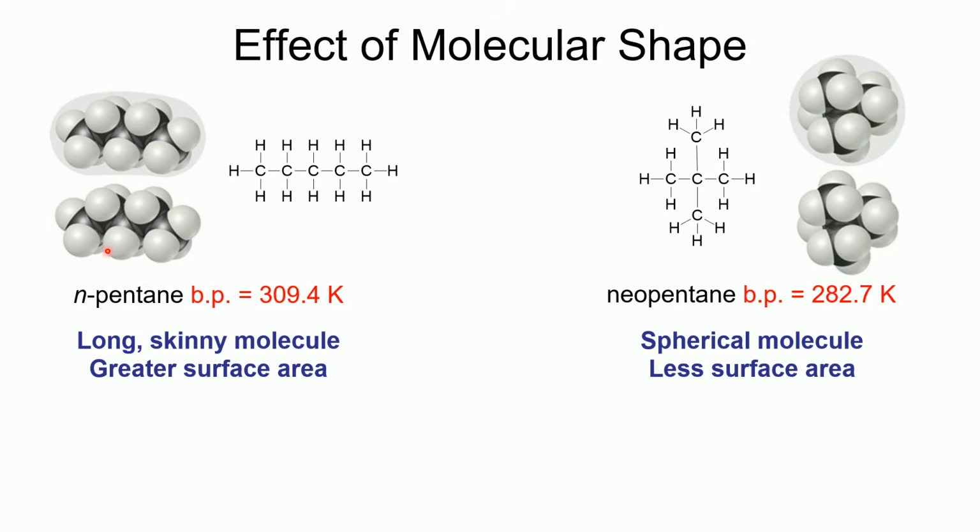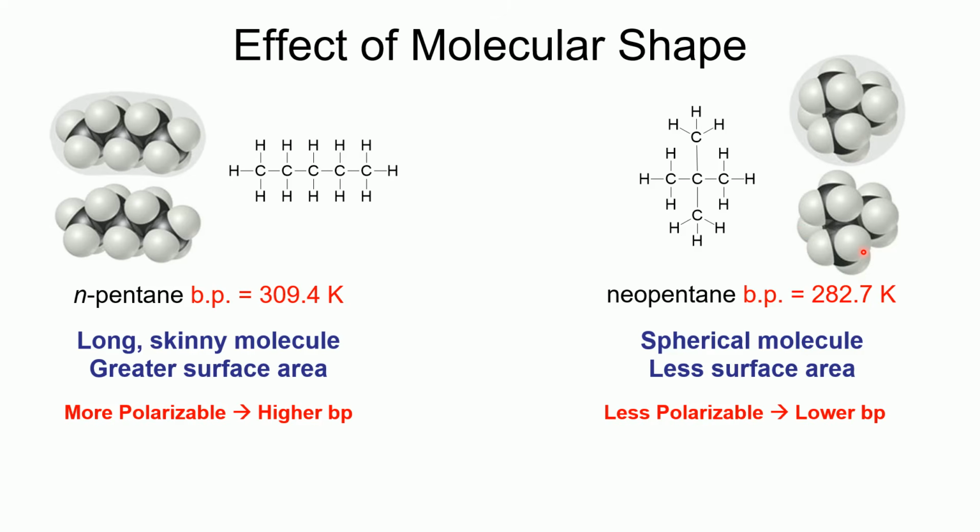Well, we'll find that the longer and skinnier the molecule is, the greater the surface area, and the more spherical it is, the less surface area there will be. We'll find that the more surface area there is, the higher the boiling point. So it becomes more polarizable and therefore has a higher boiling point, whereas the spherical molecules are less polarizable and have a lower boiling point.